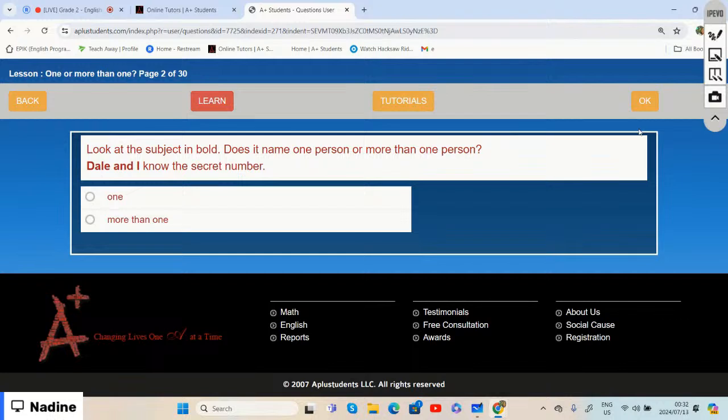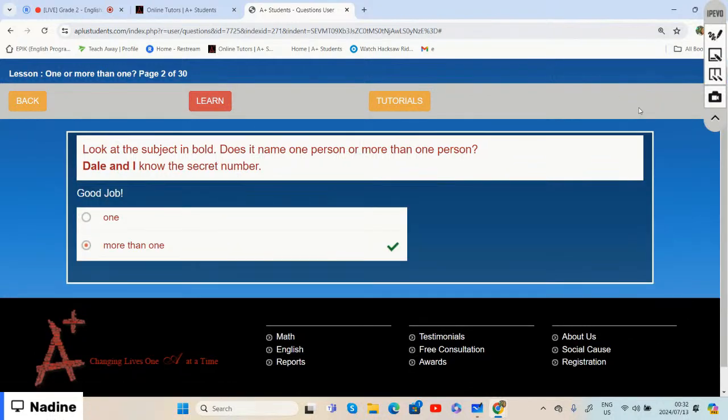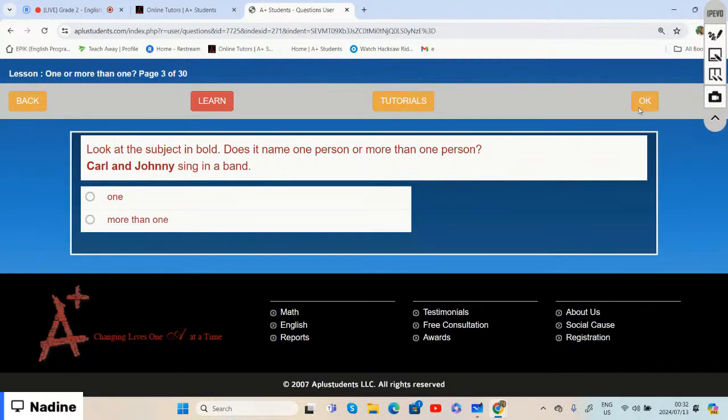All right, so if we refer to "dad and I," then we are referring to more than one person because it is you and it is your dad. It's two people, right? And yes, that is correct.